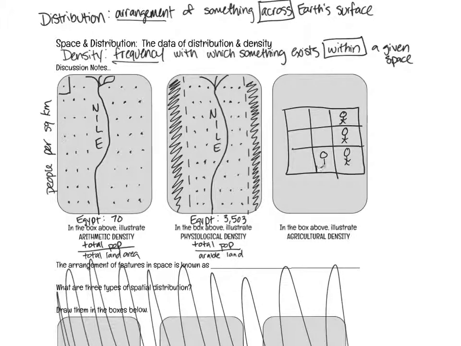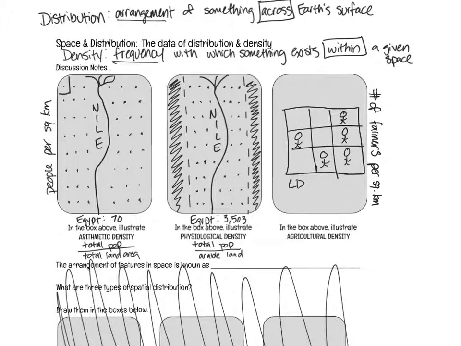So this is a little bit different because this is the number of farmers per square kilometer. Okay, so how many farmers there are.